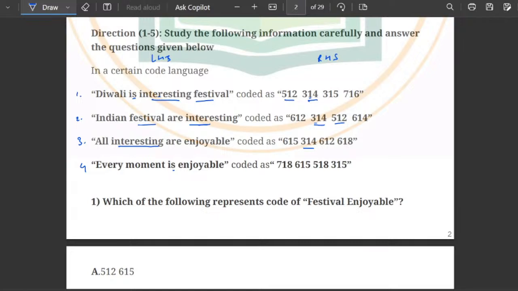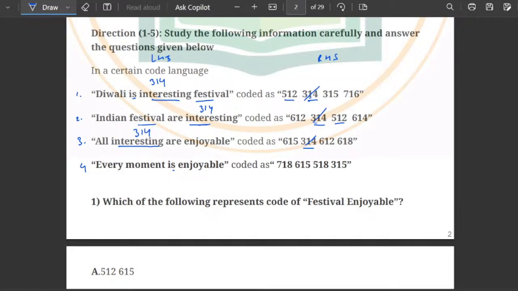On the right hand side, 314 is common in all three. That means interesting is 314. Once 314 is done, we can cancel it out. We found the code for interesting is 314.